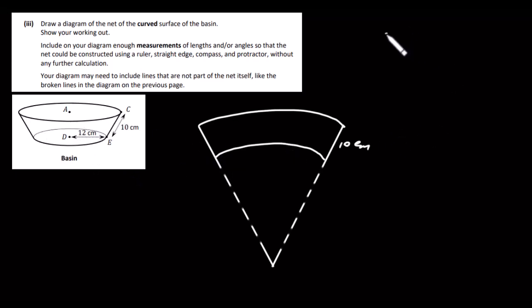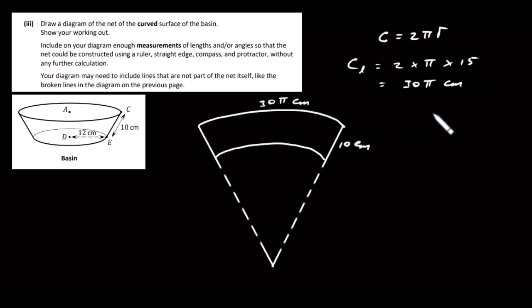The circumference of a circle is 2 pi r. So the circumference of the large circle is just going to be 2 times pi times 15, so that's just 30 pi centimeters. So this distance along here is going to be 30 pi centimeters.